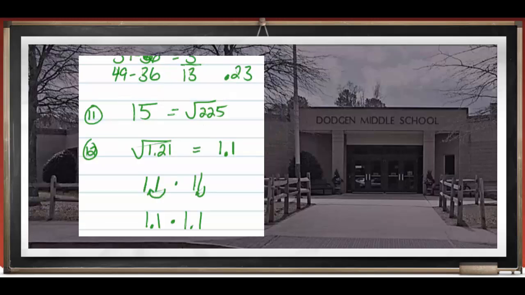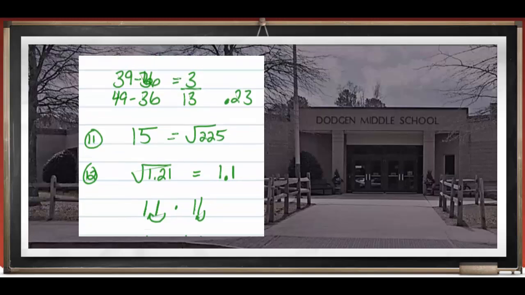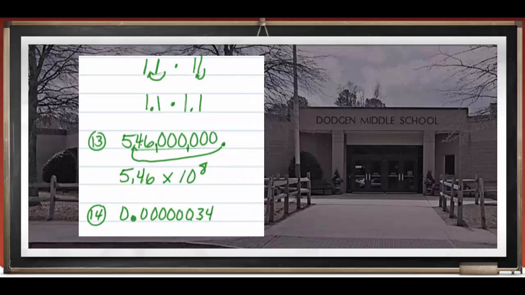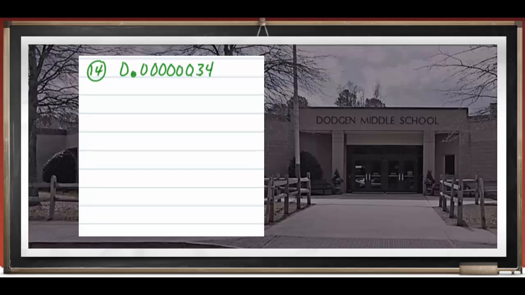Number 14. Now we have 0.00000034. So again, I need to figure out what I'm going to do to move that decimal all the way down so that I end up with a value between 1 and 10, or 1 and 9.